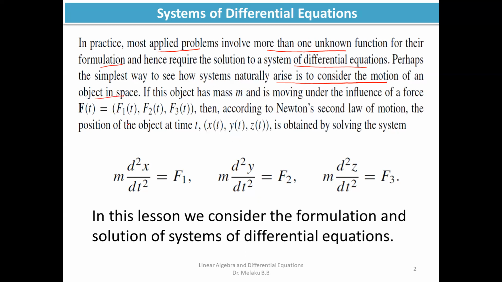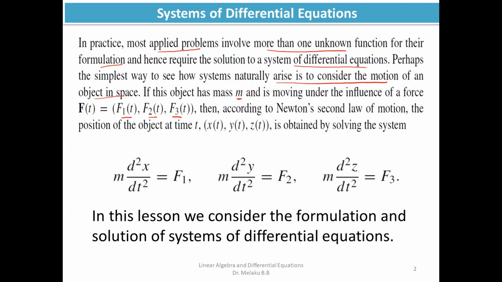If this object has a certain mass m and is moving under the influence of a force, the force could have three components, F1(t), F2(t), and F3(t), because we are considering space.